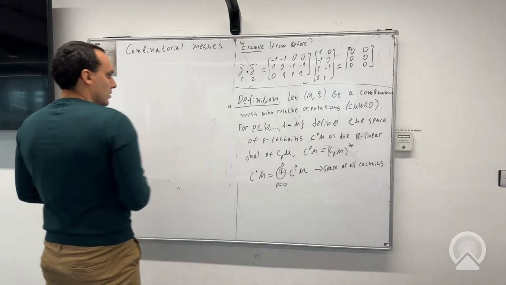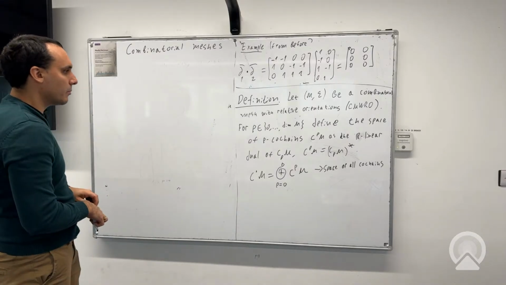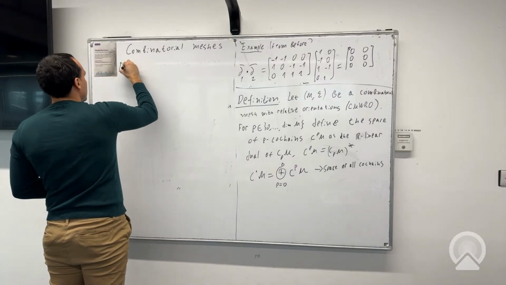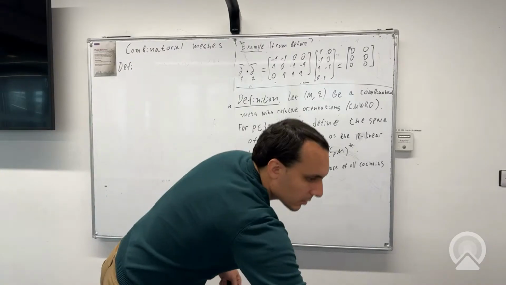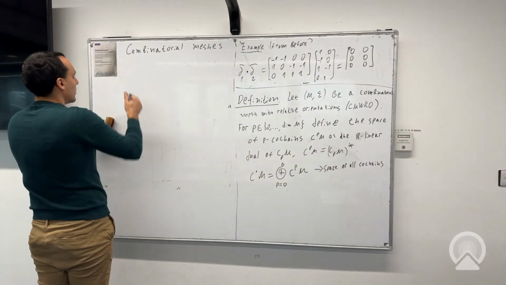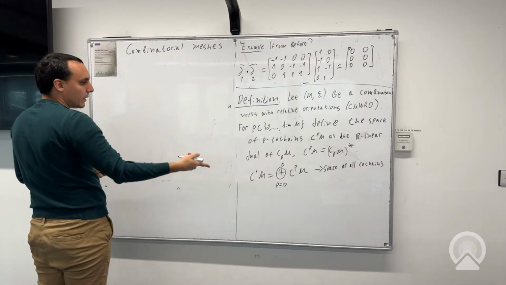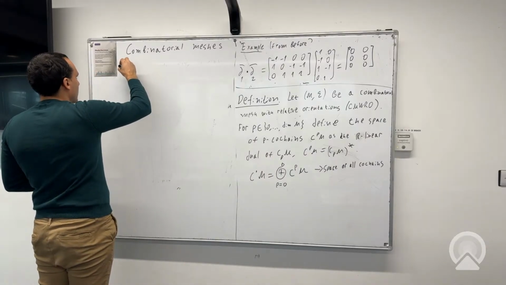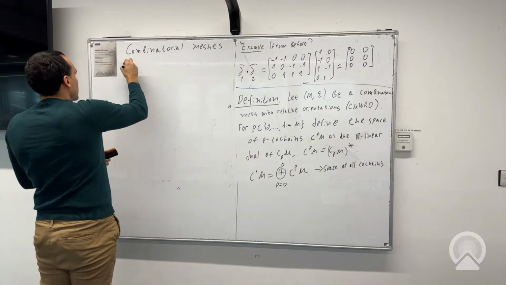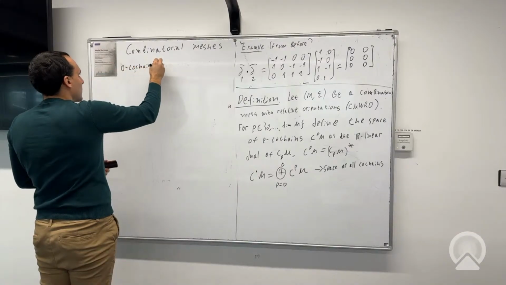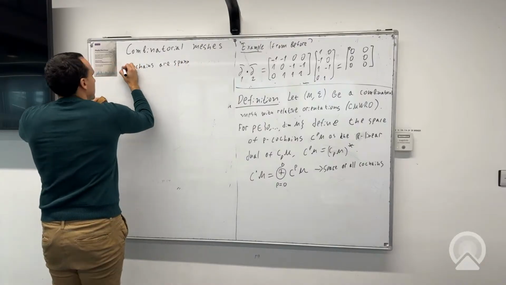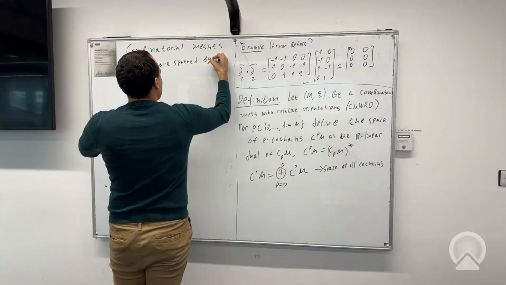So we have the dual basis. The p-cochains are spanned by the following.